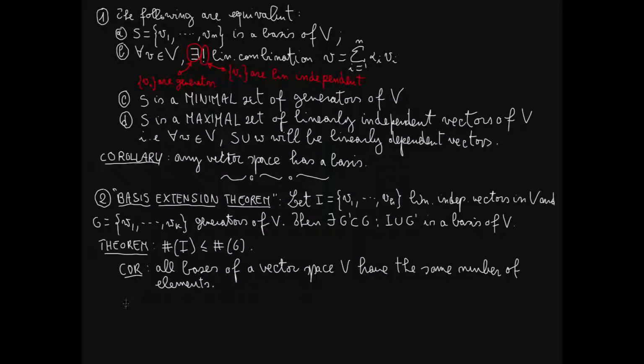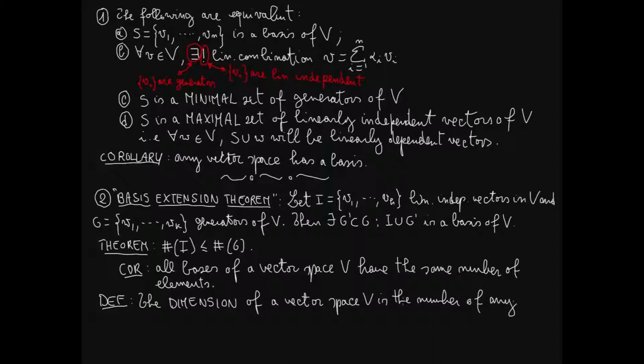This implies that the following definition is well posed. Definition: the dimension of a vector space V is the number of elements of any of its bases.